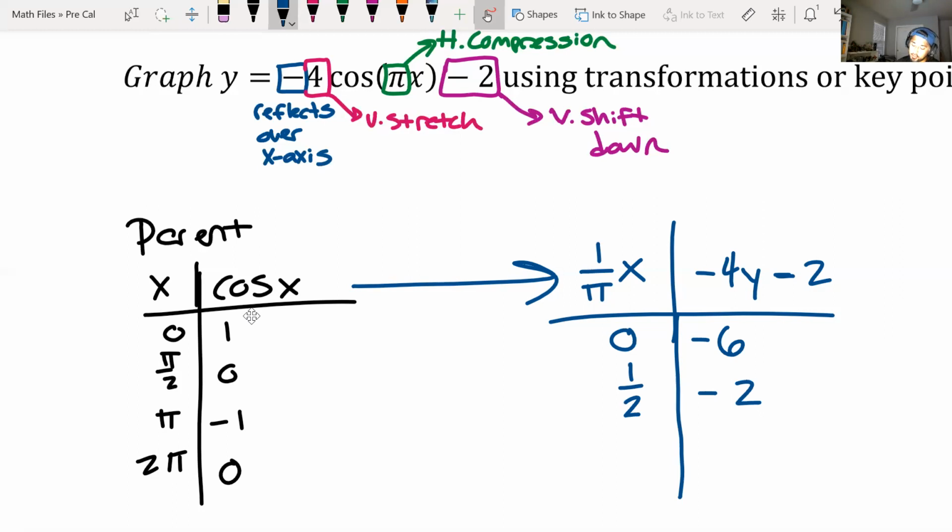And then pi times 1 over pi, your pi's cancel and leave me with 1. Plug in -1. -4 times -1 is 4. 4 minus 2 is 2. And then 2 pi times 1 over pi, your pi's cancel. I get 2. And then plug in 0, you get -2.